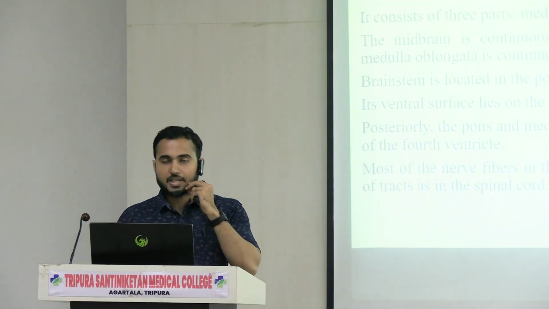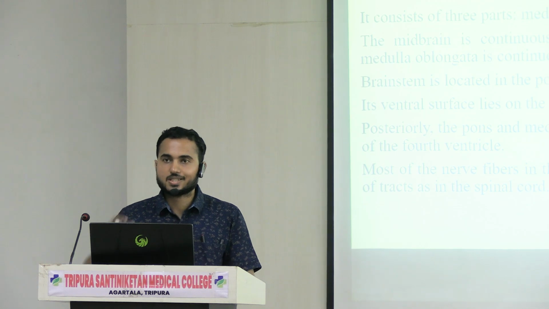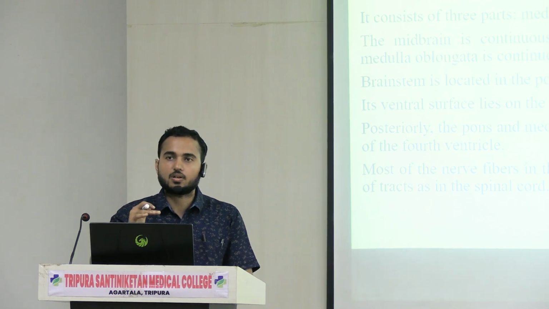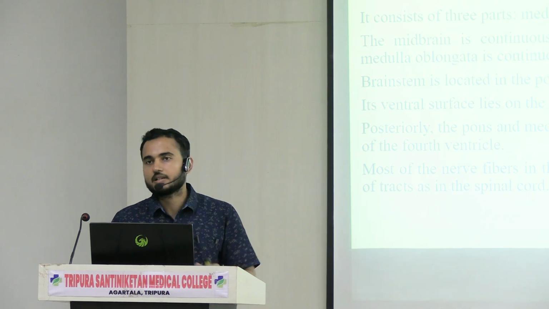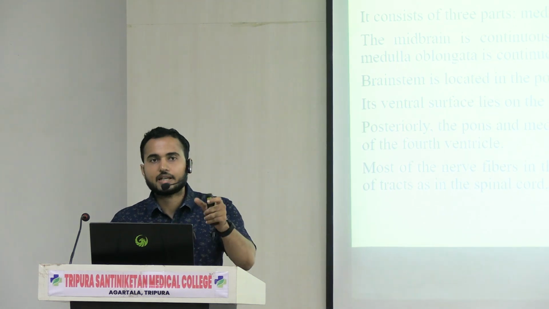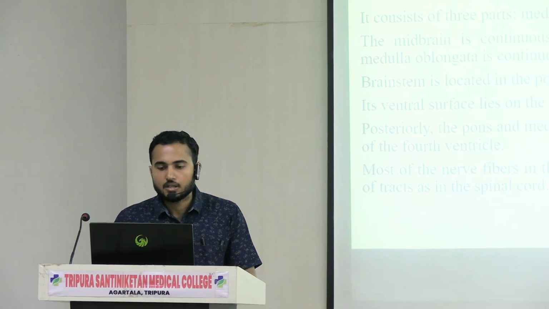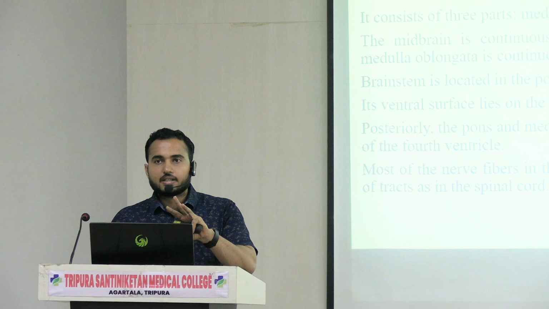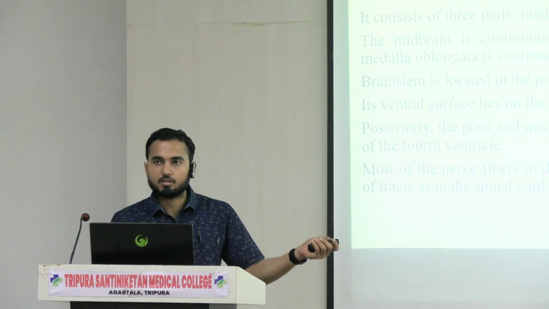Brainstem, as you know, is a stalk-like part of the brain, connecting the spinal cord to the forebrain. It is a stalk-like, or stem-like structure. Three parts are there, as I have mentioned: medulla oblongata, pons, and midbrain.